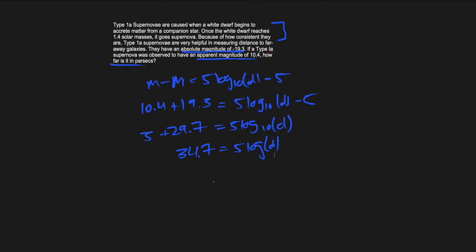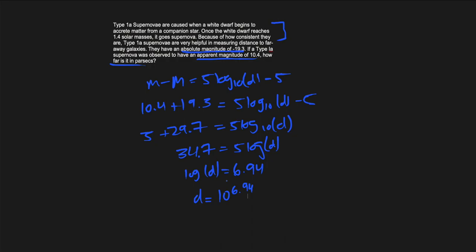So if we plug 34.7 divided by 5 into our calculator, we will get something like 6.94. And then we know that the distance is going to be equal to 10 to the power of 6.94.